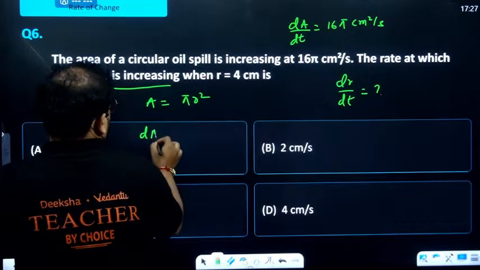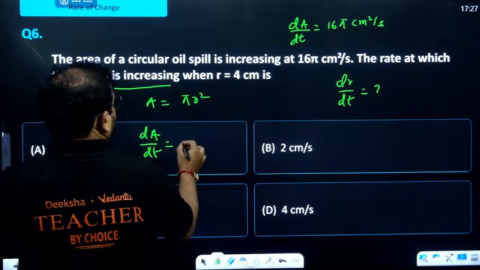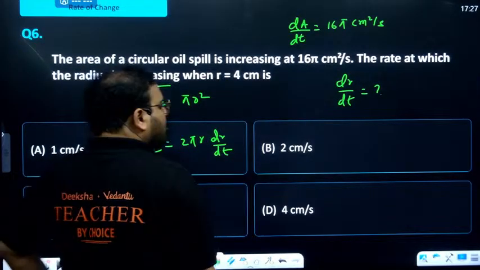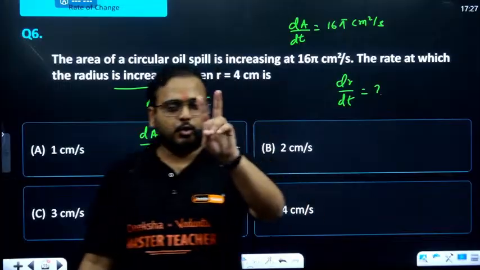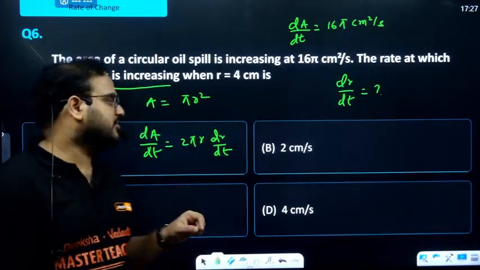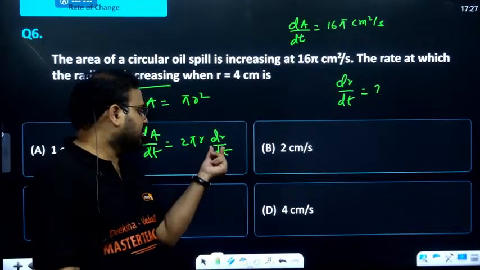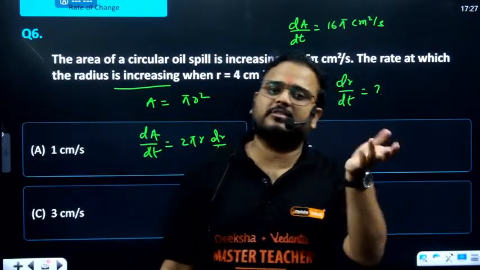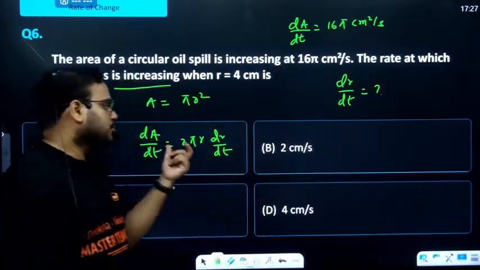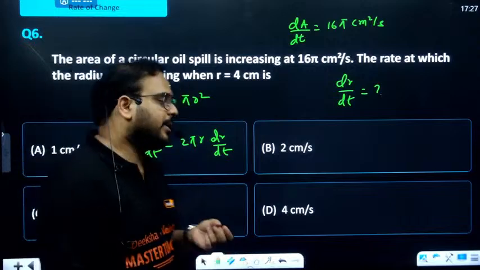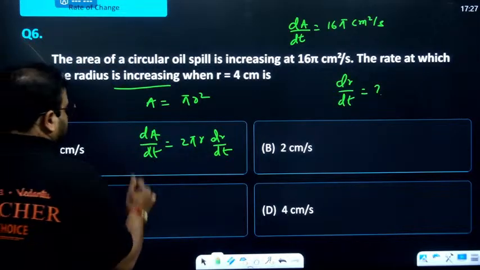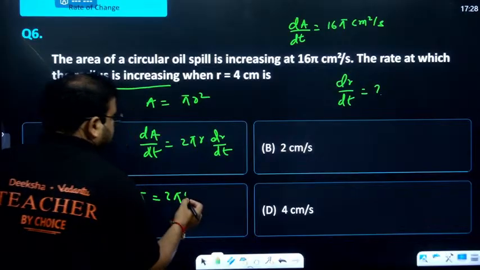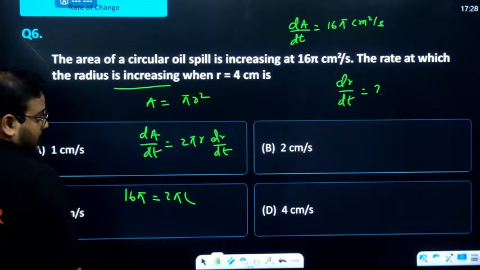Differentiate, we'll have dA by dt as 2 pi r dr by dt. Most of the questions have the same principle. Two categories are there. One, when you differentiate with time, you'll have the chain rule for dr by dt. The easier ones are where you don't have to differentiate with time, only with radius or something else. Those are the two categories of questions. So this value is given as 16 pi. 2 pi is as it is. And r value is given as what? 4.